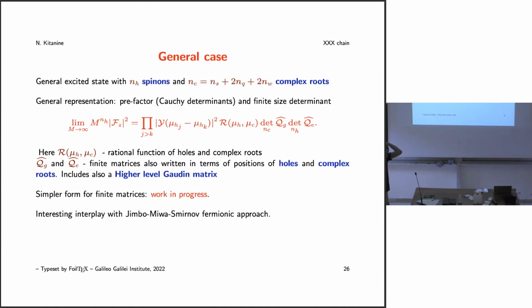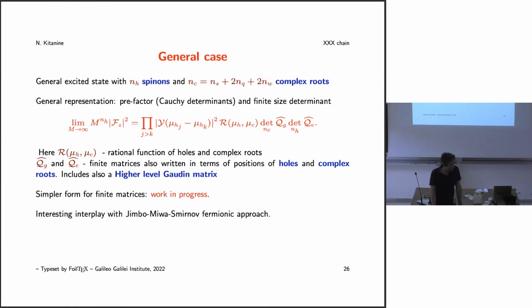What would be interesting to see, because a very similar thing can be done from the fermionic approach by Smirnov, Jimbo, and Miwa. They also see a way to go from quantum field theory more or less to the spin chains, and it's possible to write some equations for the form factors in this Destri-Lowenstein approach.